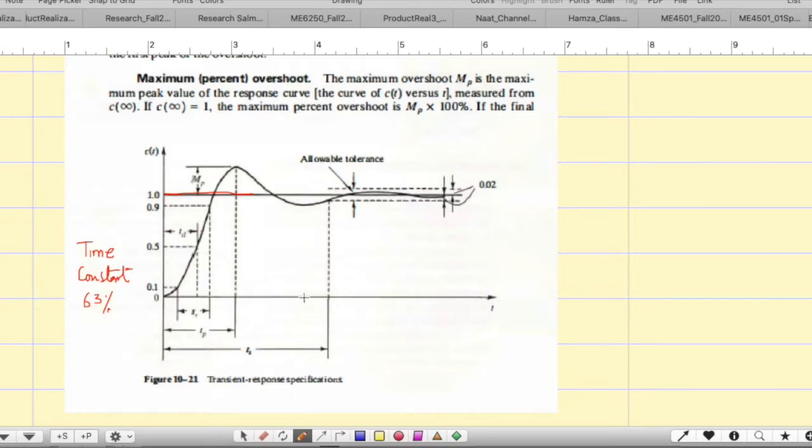And then the peak time is Tp, when the first peak comes, and this is the maximum overshoot. After the set value, the system, like the mass, still does not stay there. For example, the new position is 2 centimeter, but it goes up a little bit beyond this value.